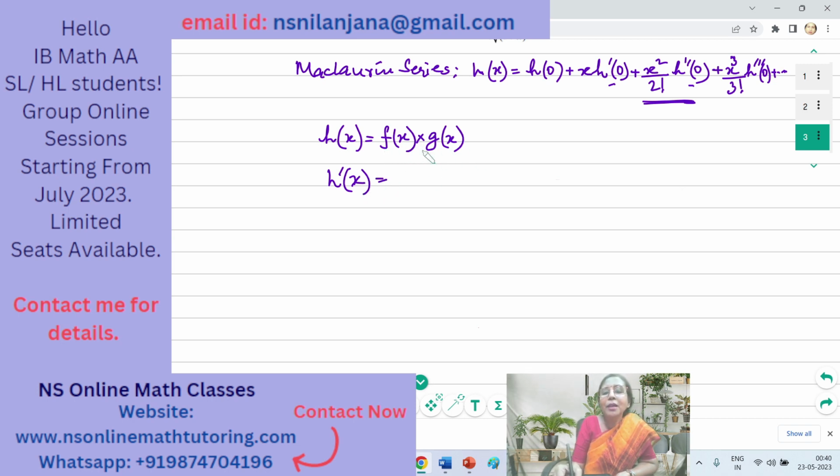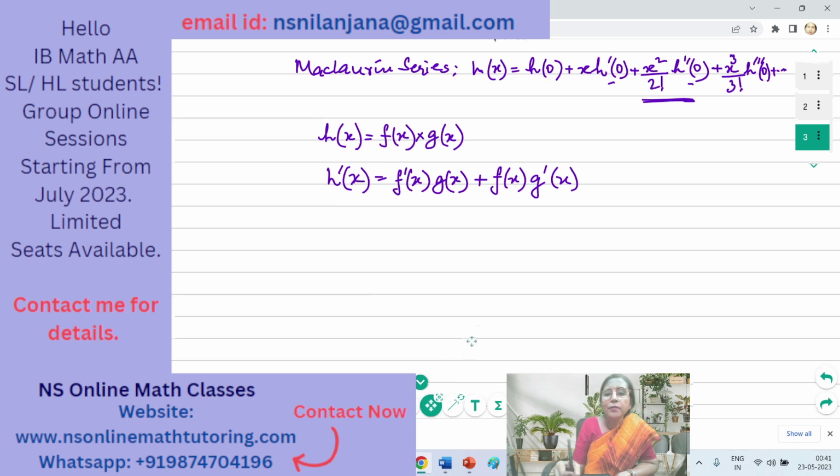We will be using the product rule. So it will be f dash x times g of x plus f of x times g dash x. Okay, this is the first derivative.